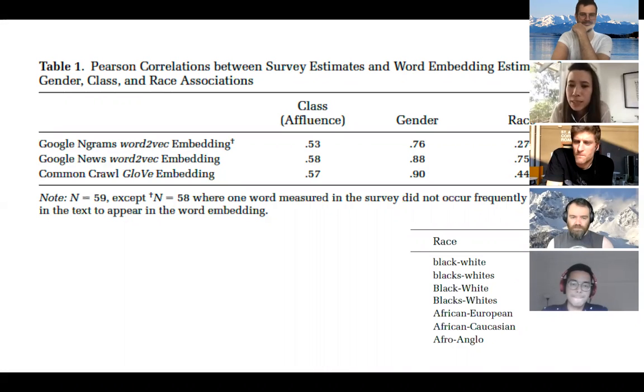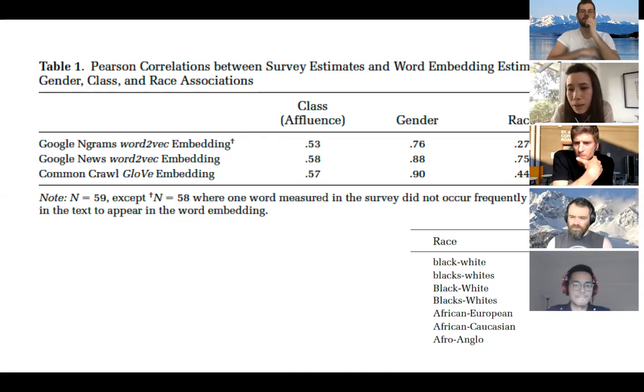The two reasons that the paper gives for why the race dimension isn't aligning so closely are, firstly, that with the Google Ngrams text, they argue a lot of it is scientific publications and non-fiction that may not have strong racial associations as you would see with news text.